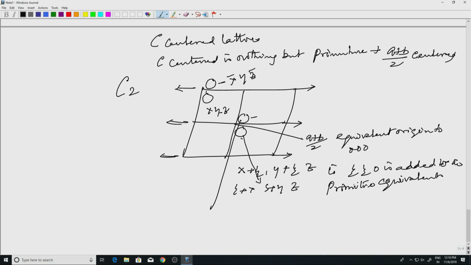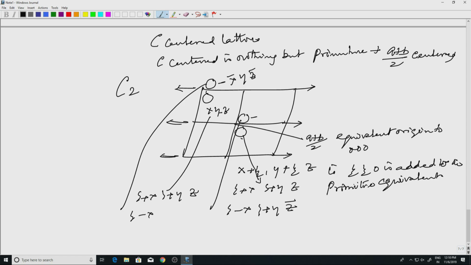This becomes half minus x, half plus y, z bar. That is, for this half plus x, half plus y, z, for this half minus x, half plus y, z bar.